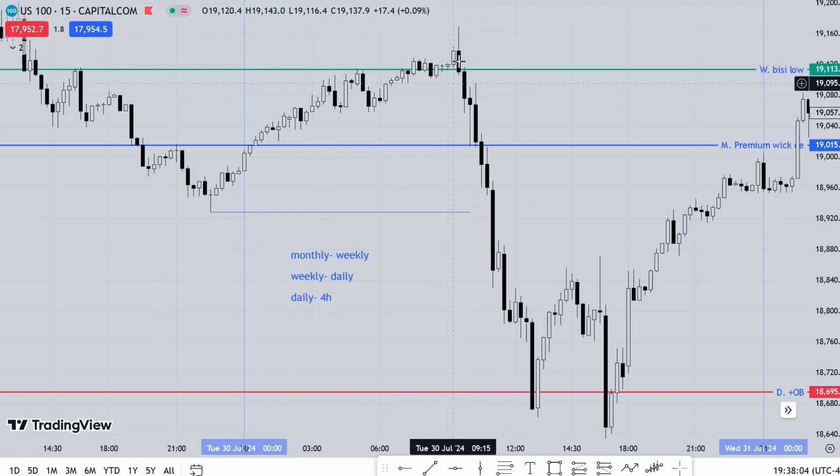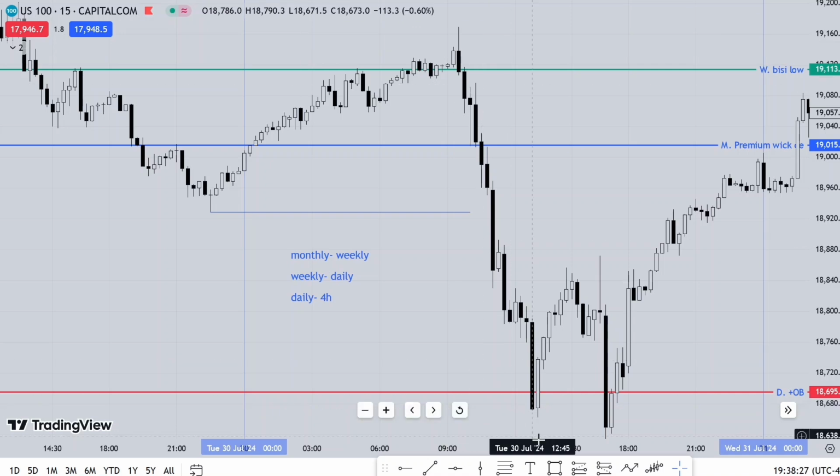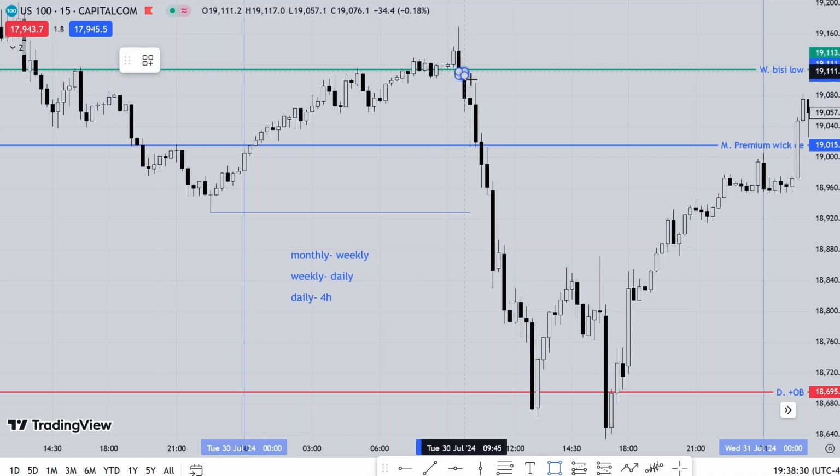So when price has made this rally higher here, and this weekly BC is now a resistance key level, you do not expect price to trade above the swing high, which resides around that key level. So in this case, for example, you're trading off of this fair value gap on this lower time frame.